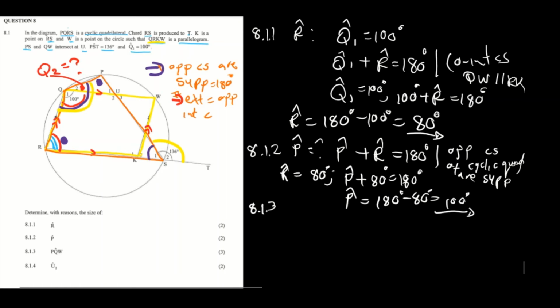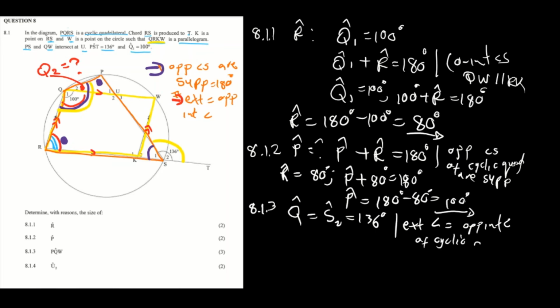So let's first find angle Q. Angle Q is equal to angle S2, which is equal to 136 degrees. The reason for that is that the exterior angle is equal to the opposite interior angle of a cyclic quad. So now we have our angle Q, but we want Q2.